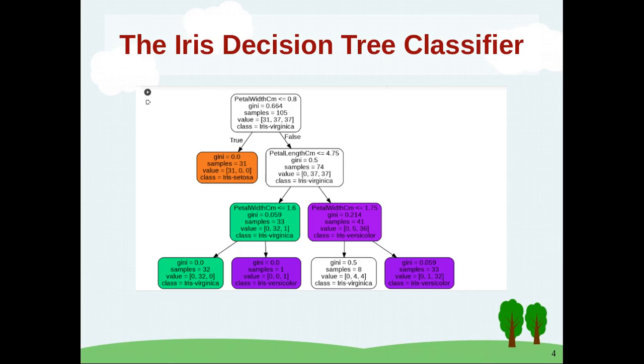Now before we move any further, let me tell you what a decision tree is. Normally a tree consists of roots at the bottom and leaves at the top.